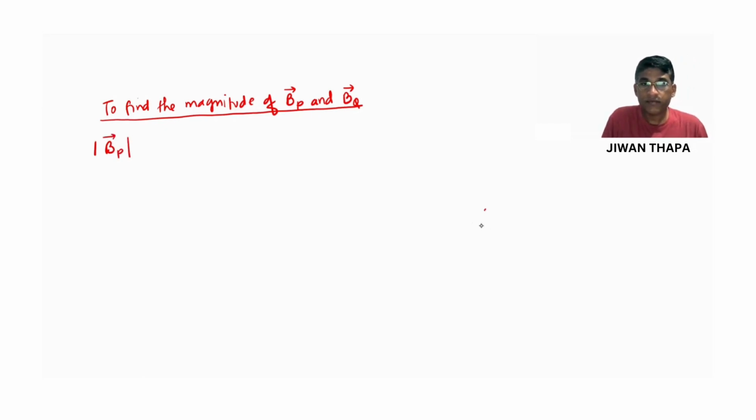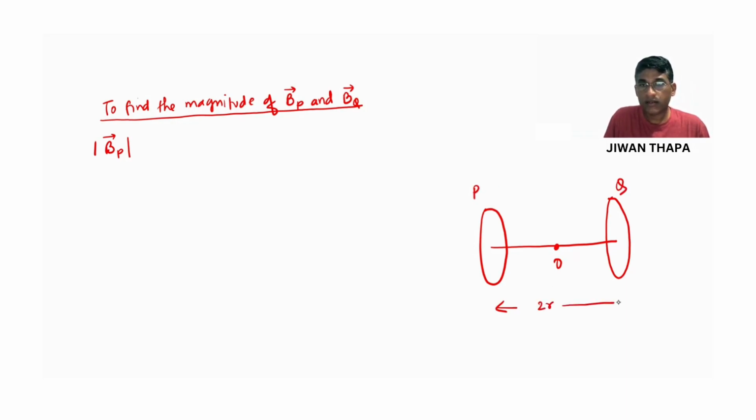We can see we have this. This is O and this distance, okay, is twice R and O lies on the axis.